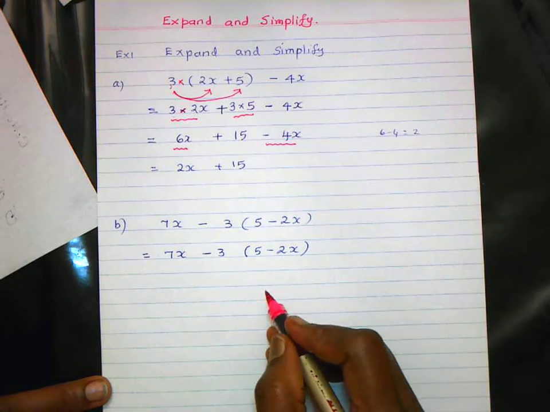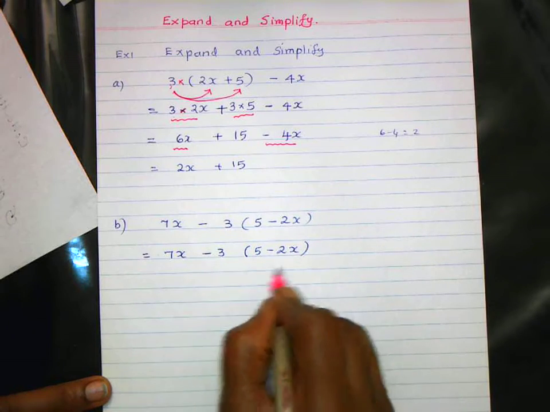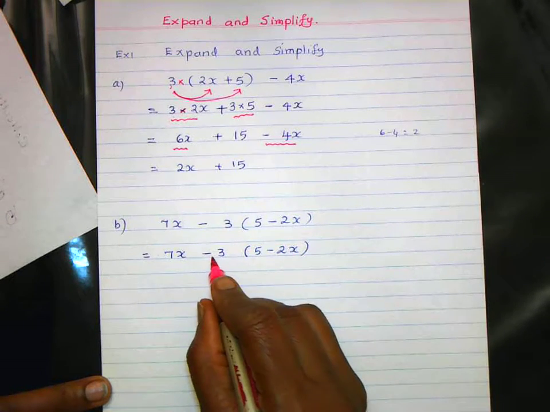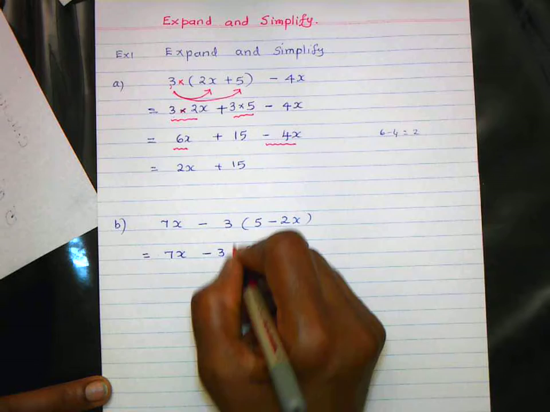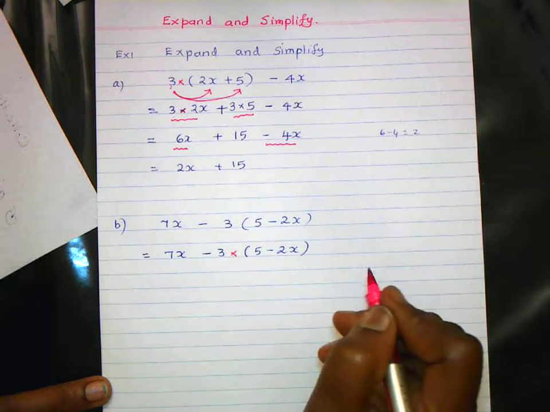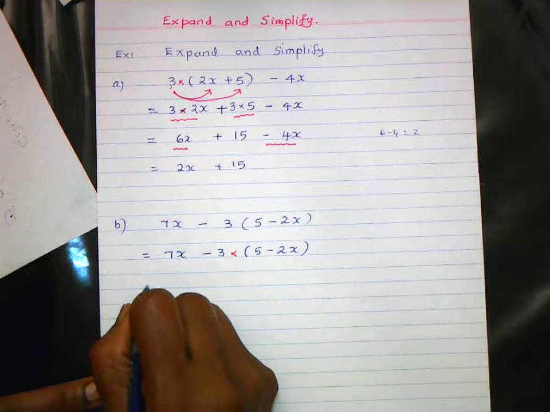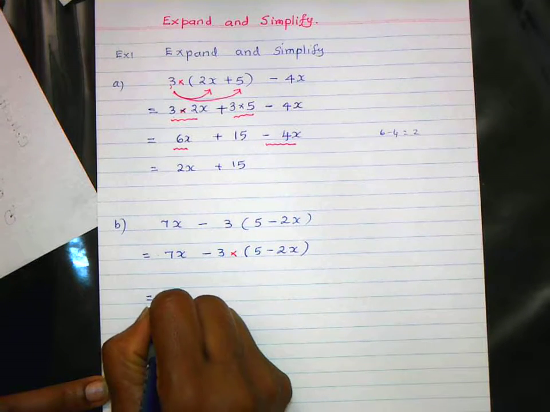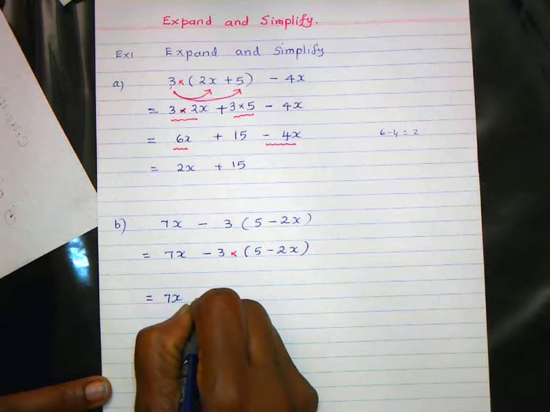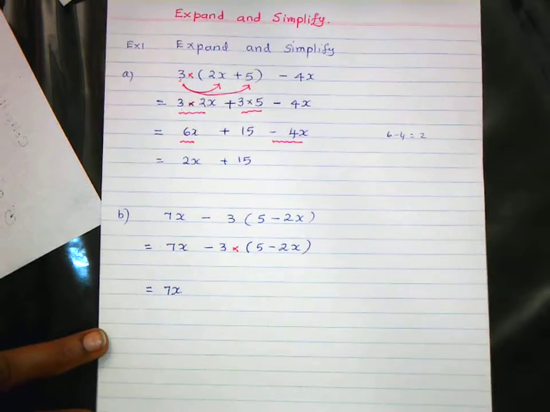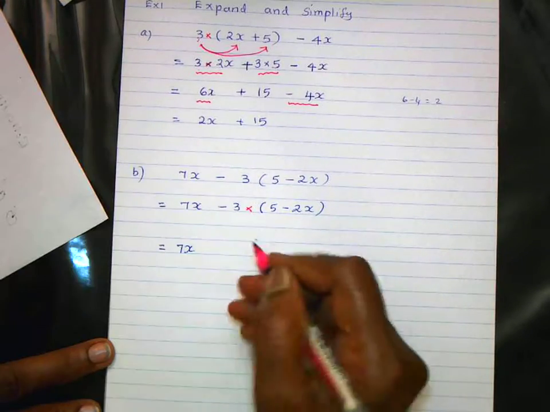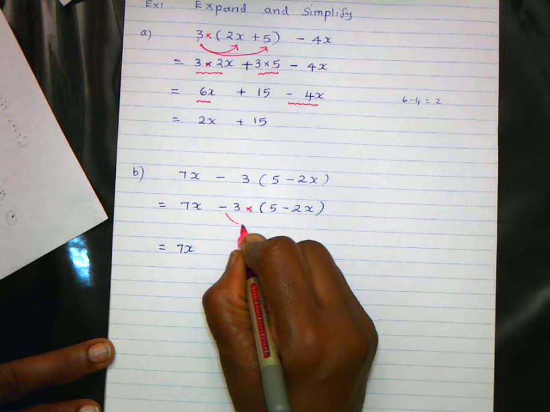Before I expand, the expansion happens only in this area. Now minus 3 bracket means there is a times hidden, so I put the times first. And then the next thing I'm going to do is write the 7x as it is. And then in this question, you have to multiply minus 3 times 5.